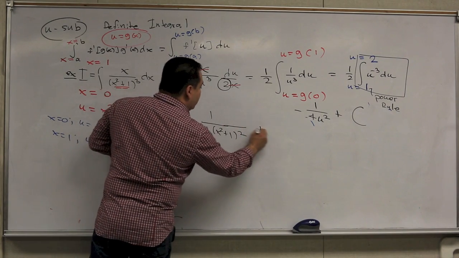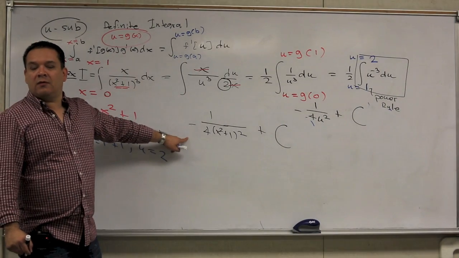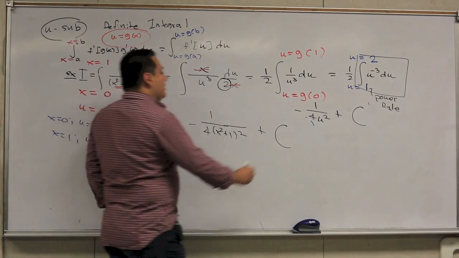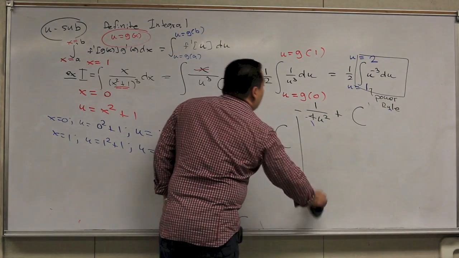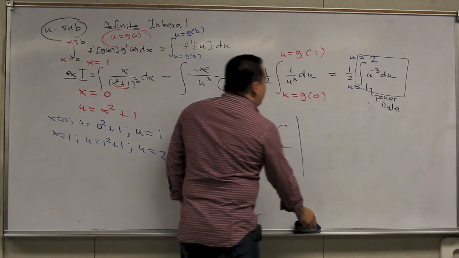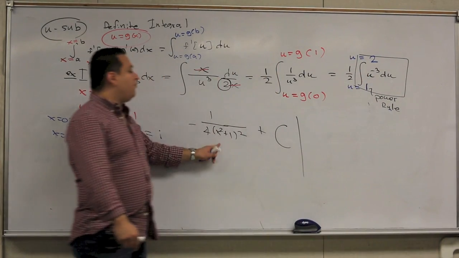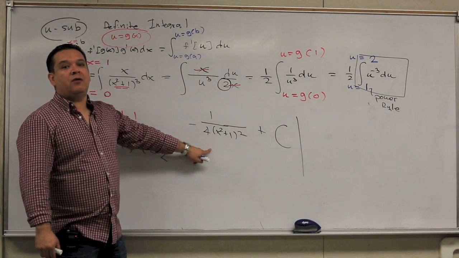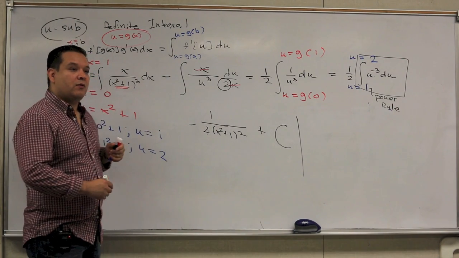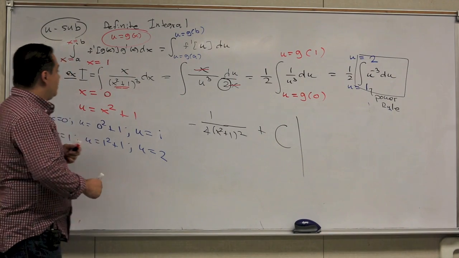Squared. You said plus c. That's in terms of x. Is that true? Well, what limits are you guys going to use to evaluate this now? Right? Are you going to use u is 1 and u is 2 when this is a function of what? X, not u? The answer is what? No. Then what do you use? What do you guys use?